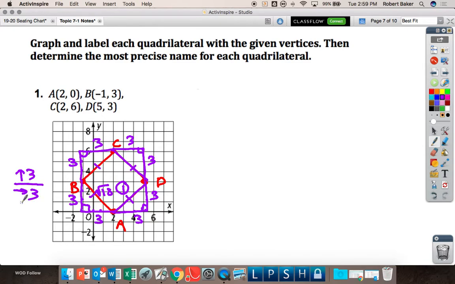The slope of this one is down 3 over 3, so negative 1. Are positive 1 and negative 1 opposite reciprocals? Yes. Are they perpendicular? Yes. Okay, so I can do this. Boom. Positive 1 slope, negative 1 slope. What goes right here? Right angle.